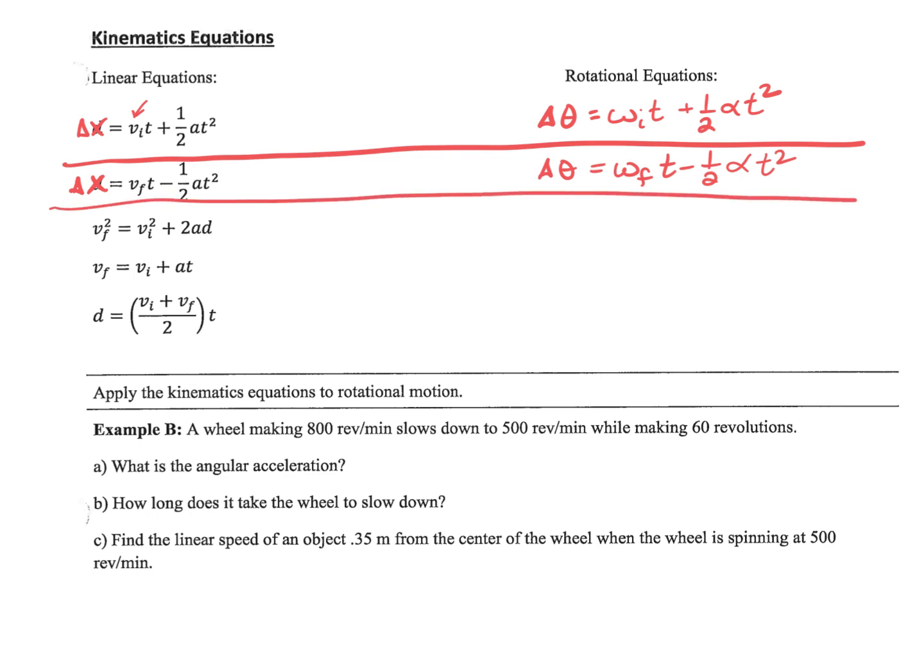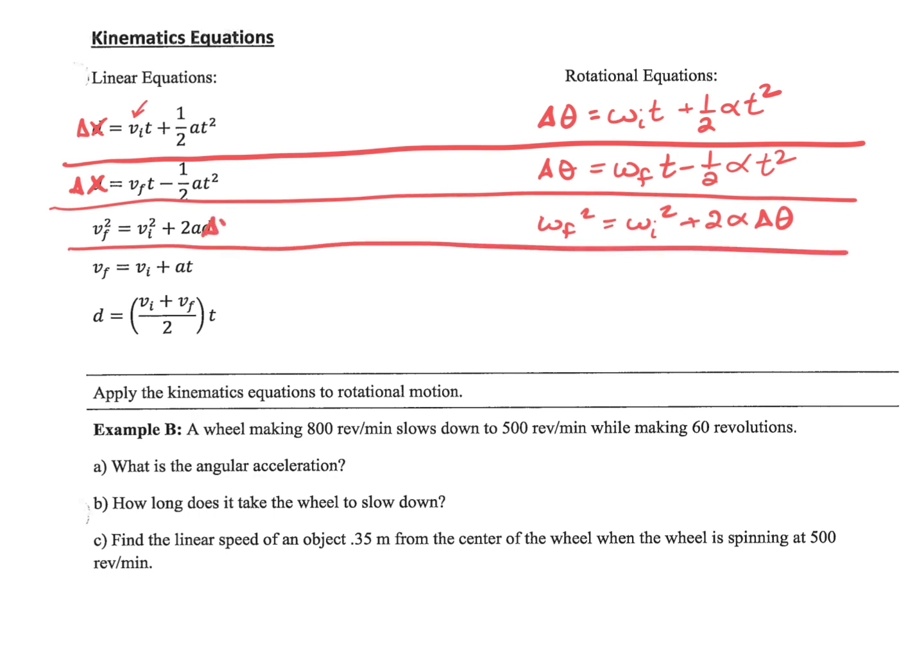So if you know the linear kinematics equations, guess what? You know their rotational equivalents. Just substitute in the Greek letters. Literally. So this one becomes omega final squared equals omega initial squared plus 2 alpha delta theta.